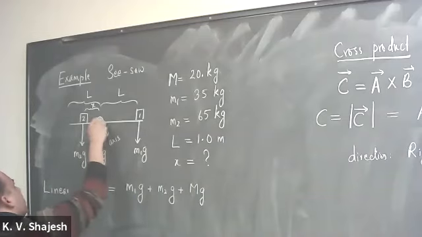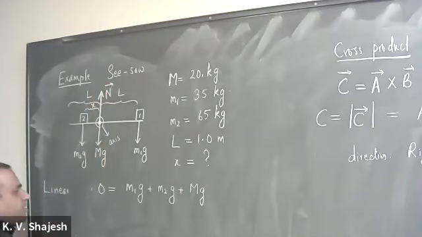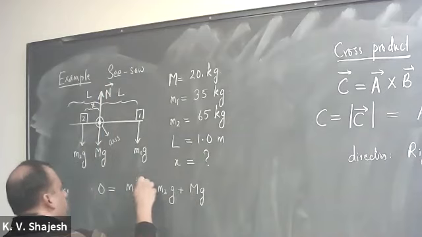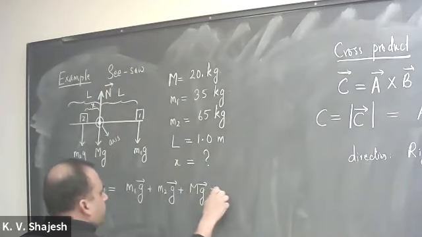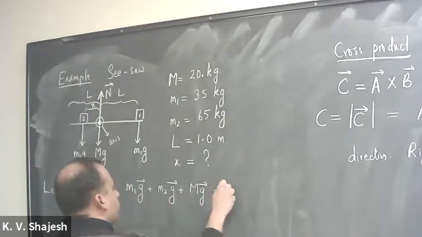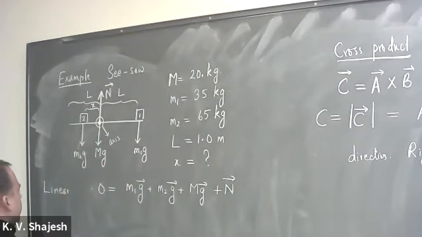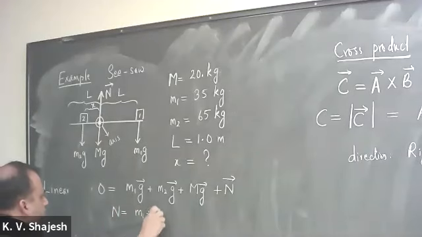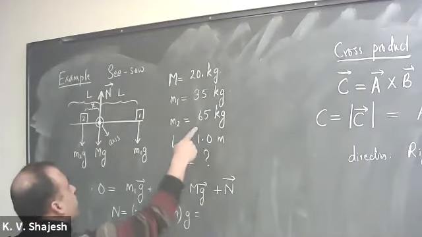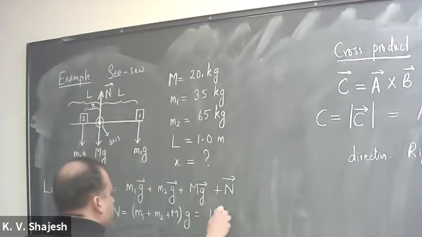That's a normal force, which will be exerted on the center of mass. Plus the normal force has to be equal to 0, which using the directions, we immediately conclude that N is equal to m1 plus m2 plus capital M times g. That tells us 60, 90, 100, 120 into 9.8.